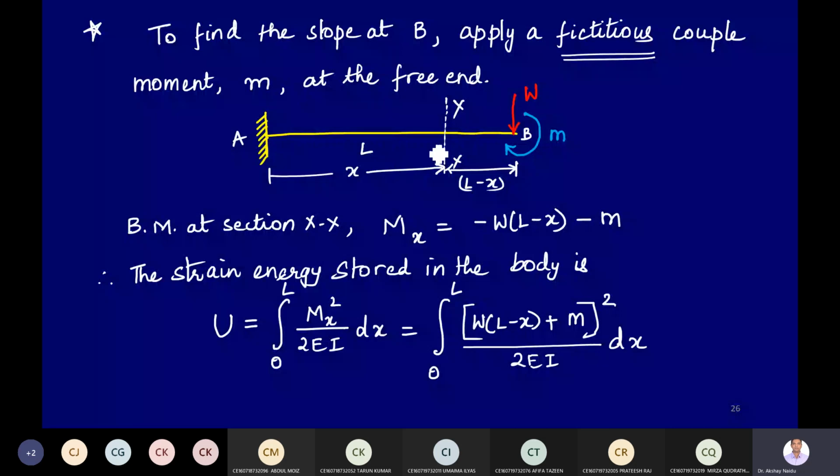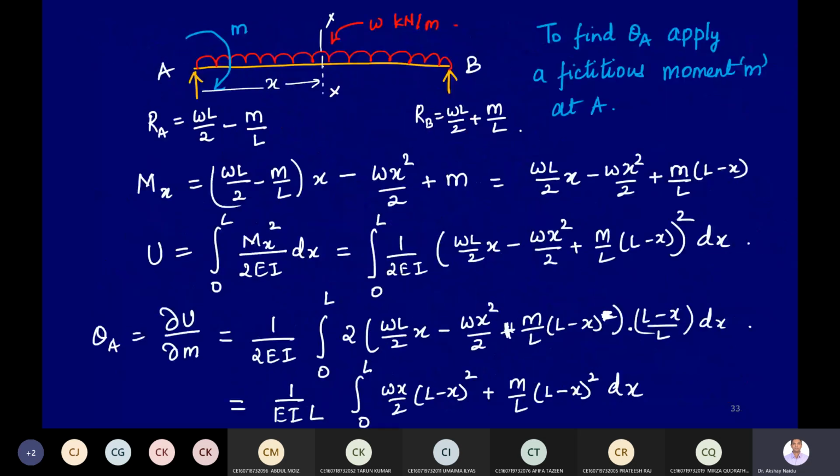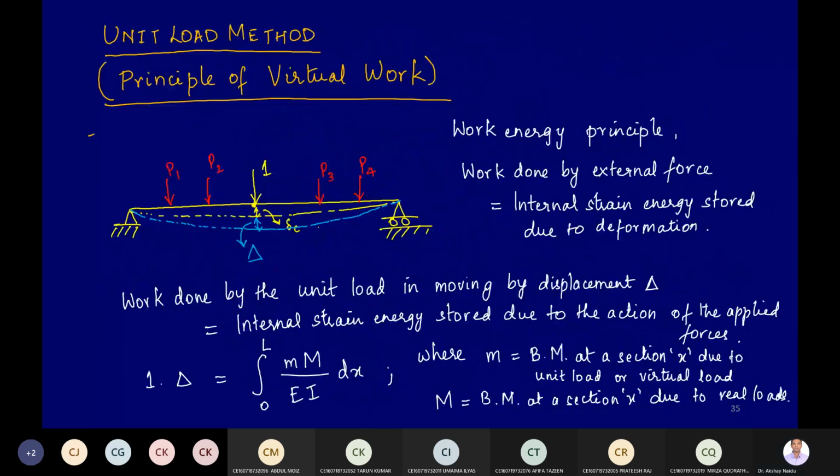We did this problem of a cantilever with a point load at the end, and we want to find the deflection at the end and the slope at this particular end. So let us do the same problem by the unit load method.